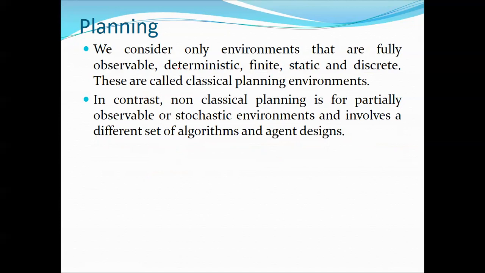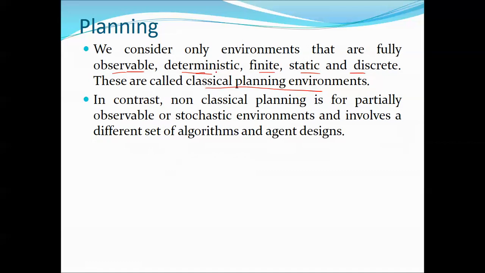So in this chapter on planning, we'll be considering only environments that are fully observable, deterministic, finite, static, and discrete. These are called classical planning environments. Fully observable means the agent will be able to see the full environment. Deterministic means the next state is decided only by the agent's current action.